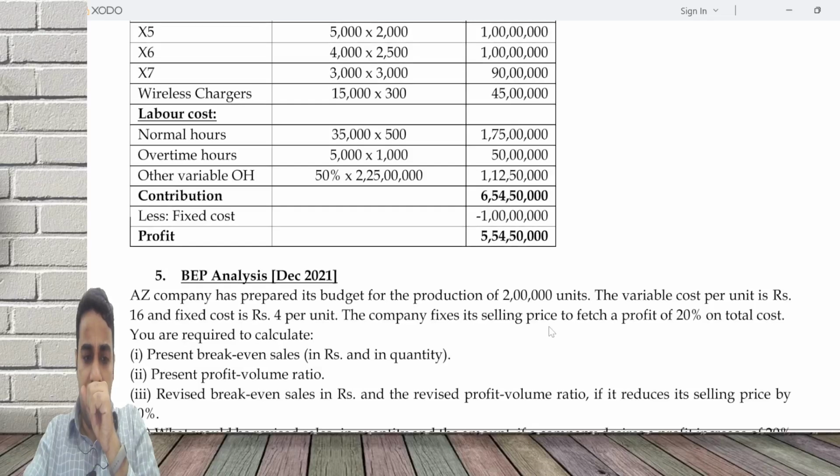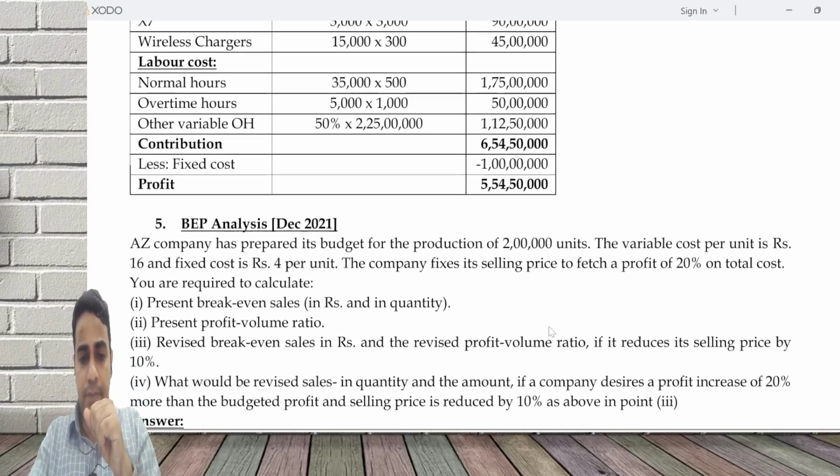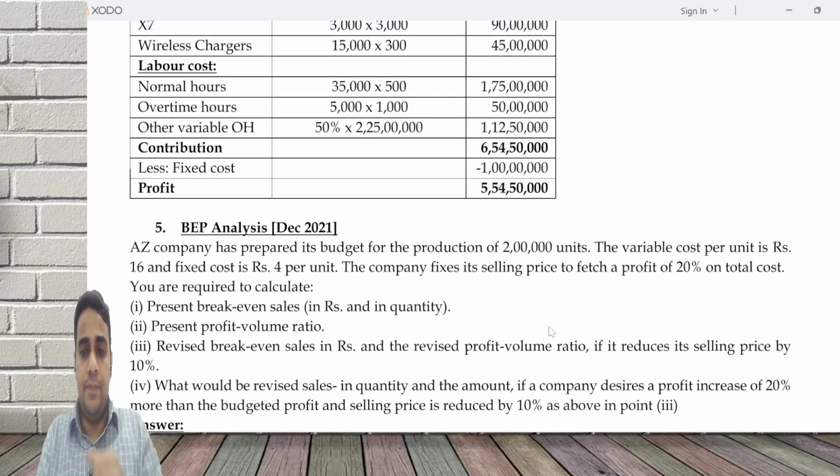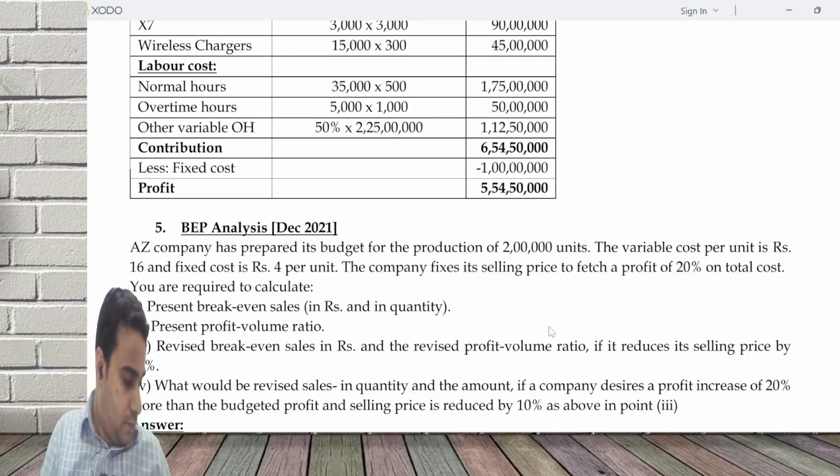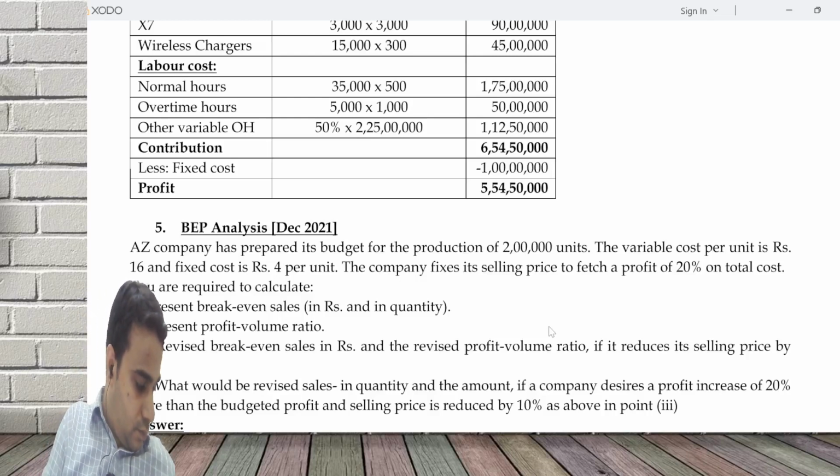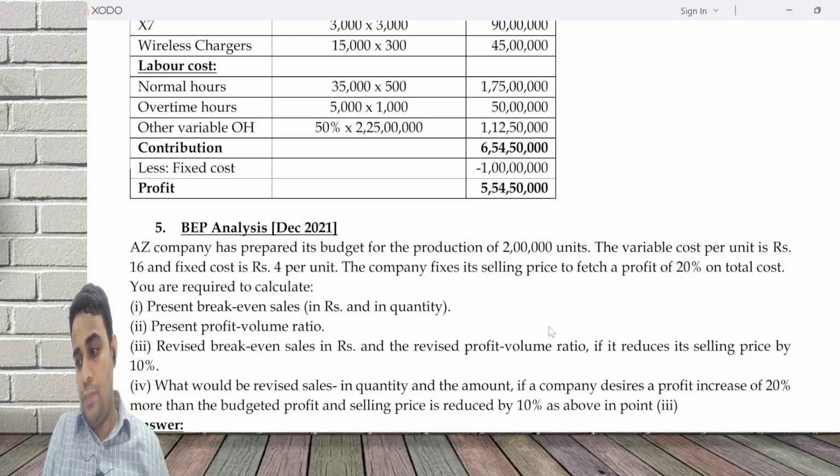Let's move to question 5. Go through the problem. A company has prepared its budget for the production of 2 lakh units.